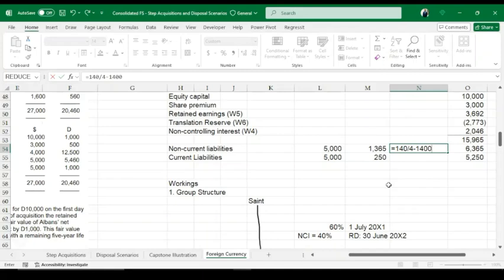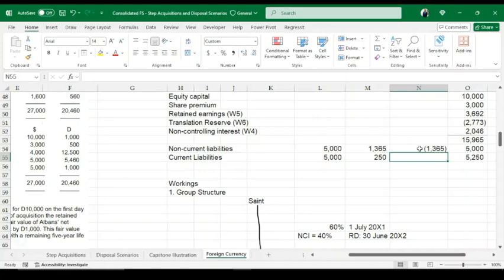Have to eliminate that. So our non-current liabilities are actually this amount, 5,000 right there.